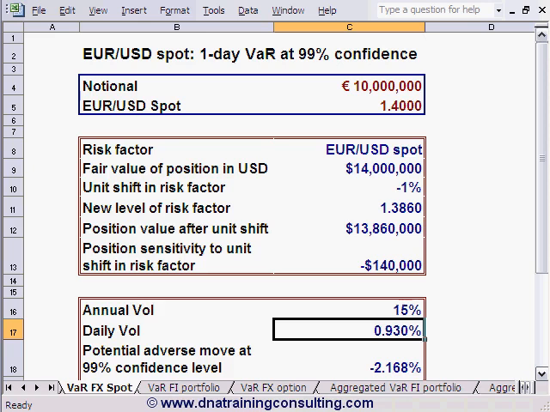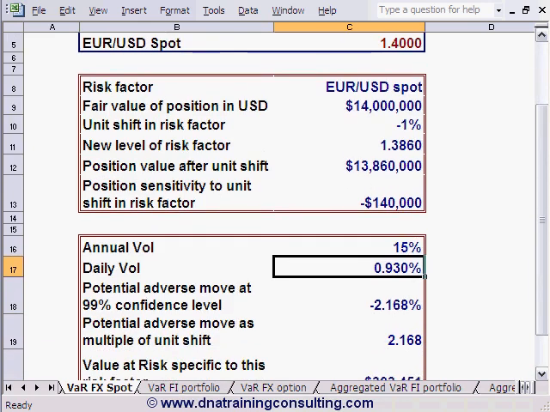Recalling now that our normal distribution assumption tells us that the worst adverse potential move at a 99% confidence level corresponds to minus 2.33 sigma, cell C18 converts this information into a worst adverse potential move of negative 2.168%.